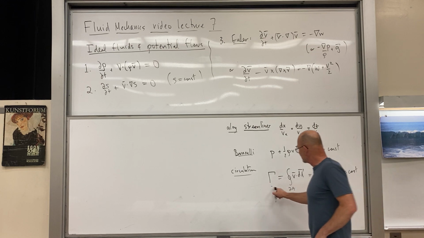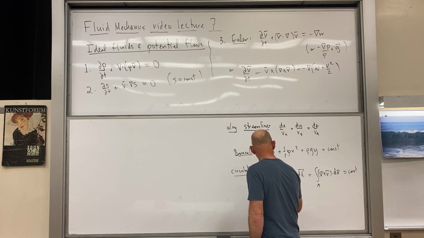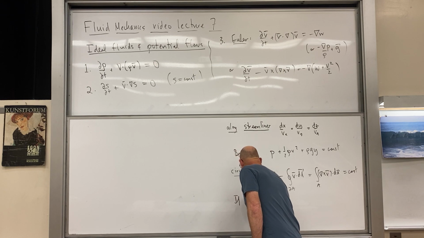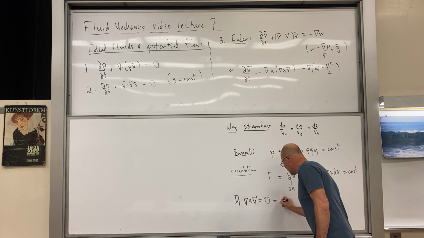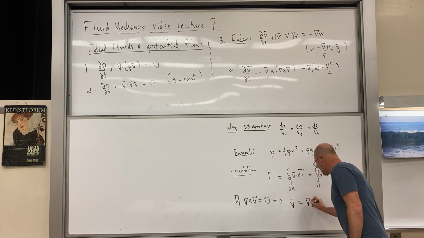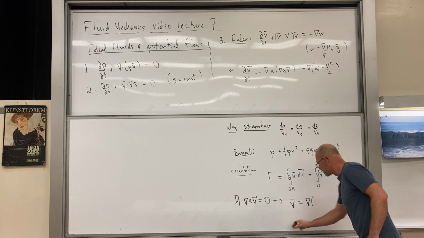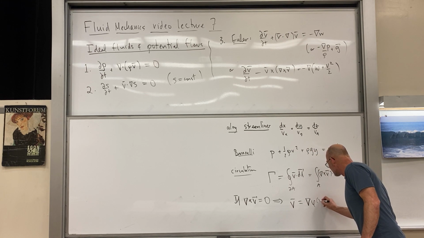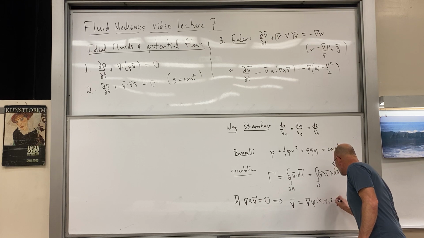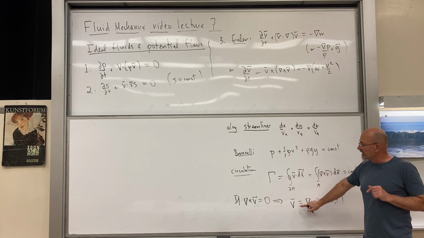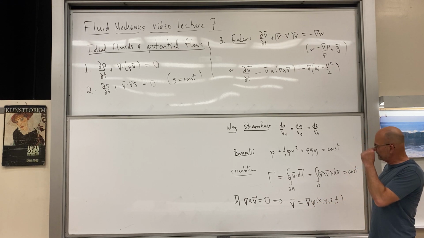And then we have, if curl of V equals 0, then simply by the Helmholtz theorem, V is equal to the gradient of a potential, and this is what we're going to continue on with.